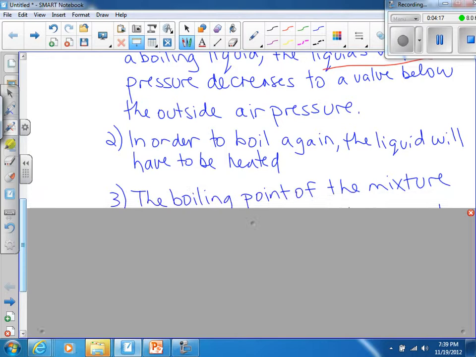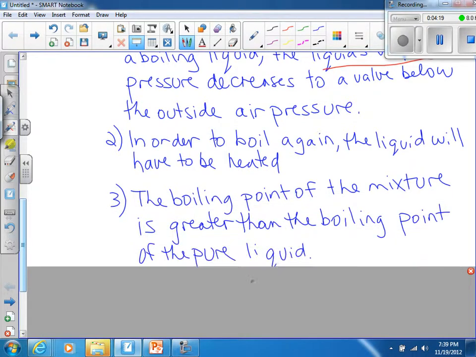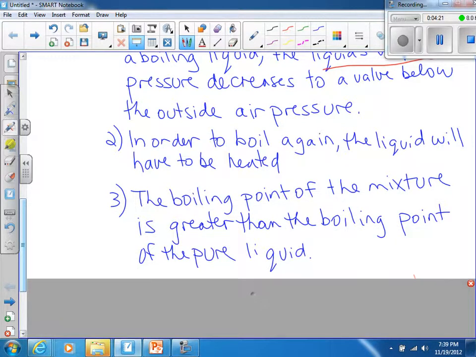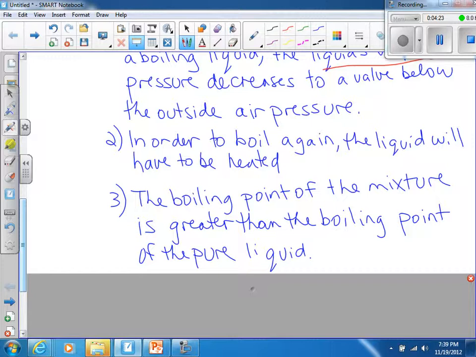So you can heat that liquid to a higher temperature to get the vapor pressure of the liquid back up to the outside pressure. But that means that the boiling point of the mixture, the non-volatile solute in the solvent, is greater than the boiling point of the pure liquid.